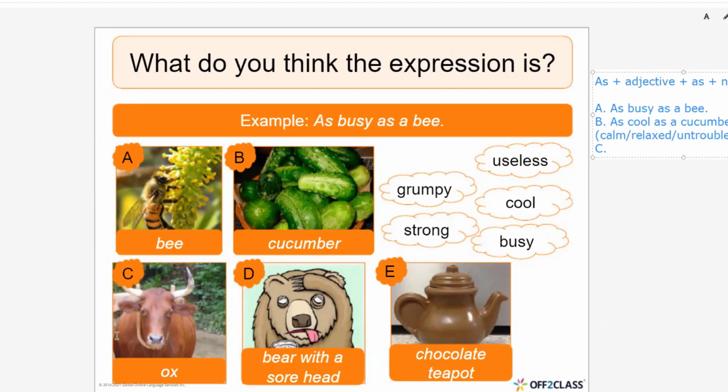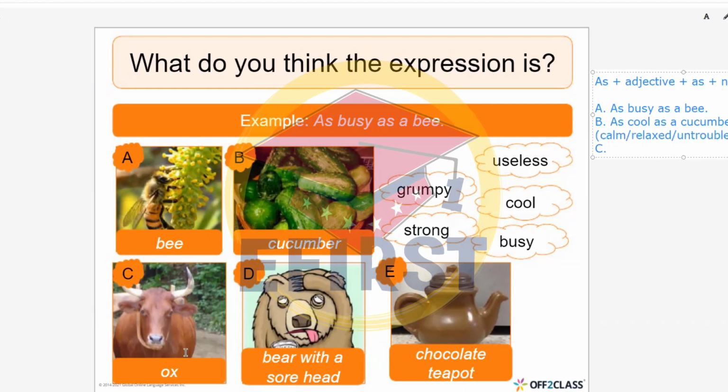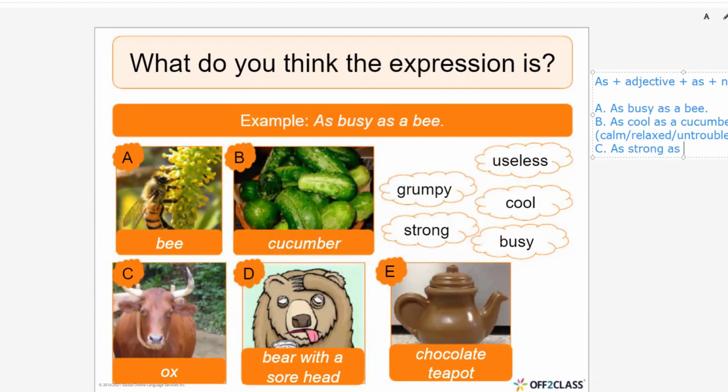How about C, ox? Which one do you think is the adjective that goes with C? Maybe strong. Excellent, good. As strong as an ox. Good. So as strong as, and here we're going to say an ox, so one. Yeah. Very good. So what does it mean if someone is as strong as an ox?